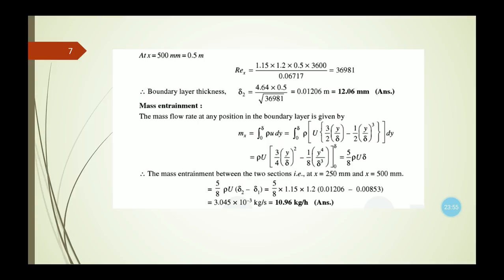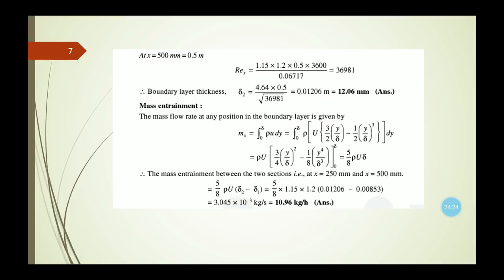Here, from the given velocity distribution equation, we can write the equation for the small u part. After putting that formula here and doing the integration within the limits 0 to delta, we get the mass flow rate mx = 5/8 rho u delta.